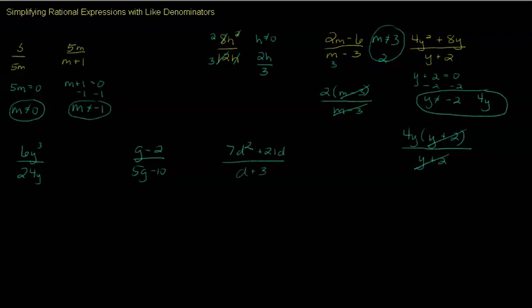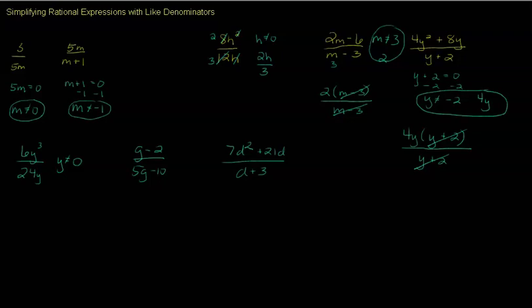Okay, so first, what can y not equal? Y cannot equal 0 in this case, because 24 times 0 is 0. Now, since they're both just monomials, we can reduce these.